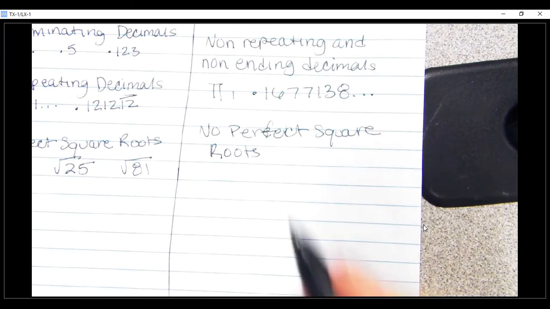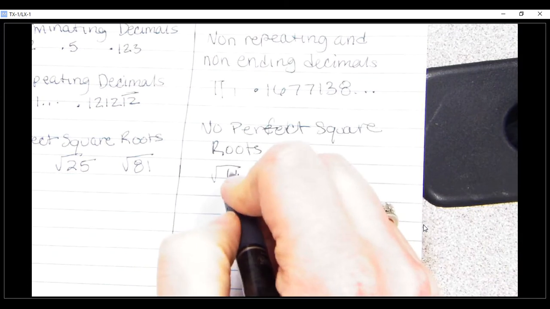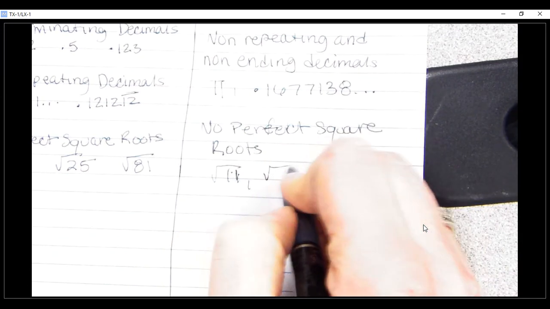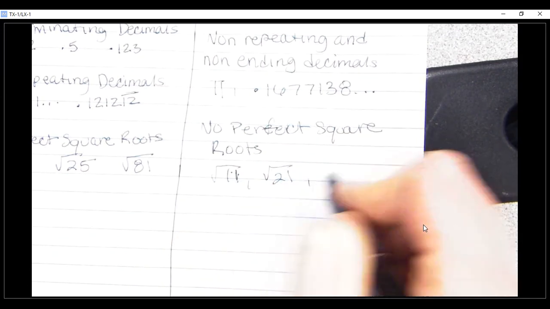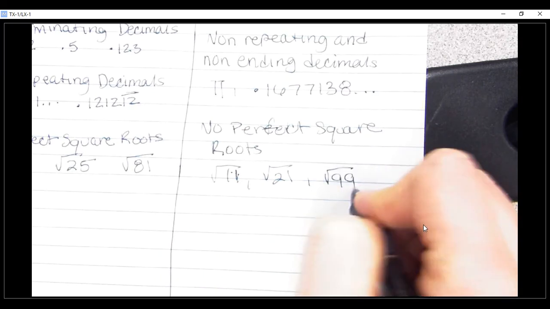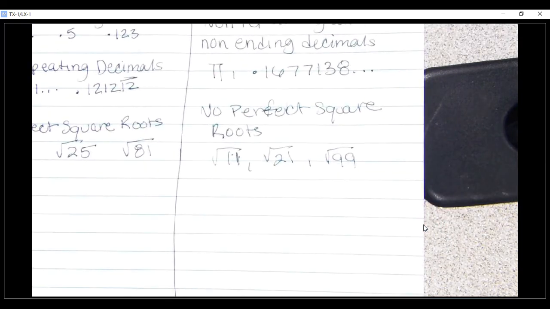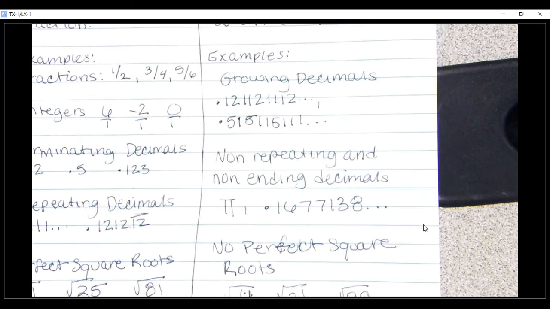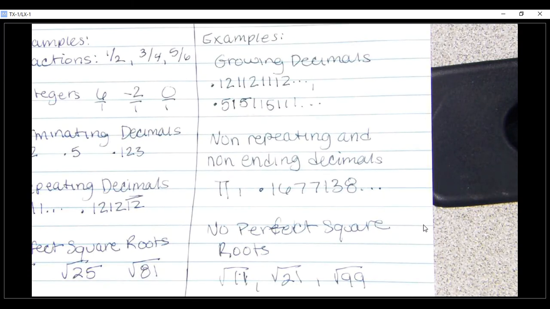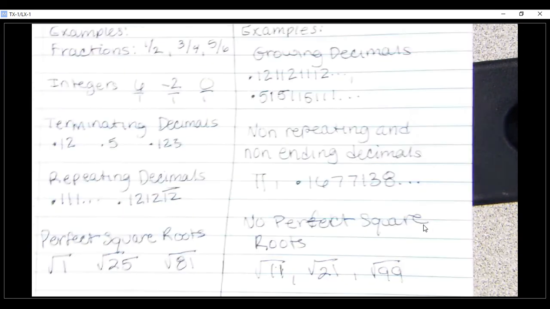So for example, square root of 11, square root of 21, square root of 99. If you put those in your calculator, you'll see that it goes on forever and it never repeats. It doesn't have a number that repeats in it. So to recap, irrational numbers are made up of growing decimals, non-repeating and non-ending decimals, and then non-perfect square roots.